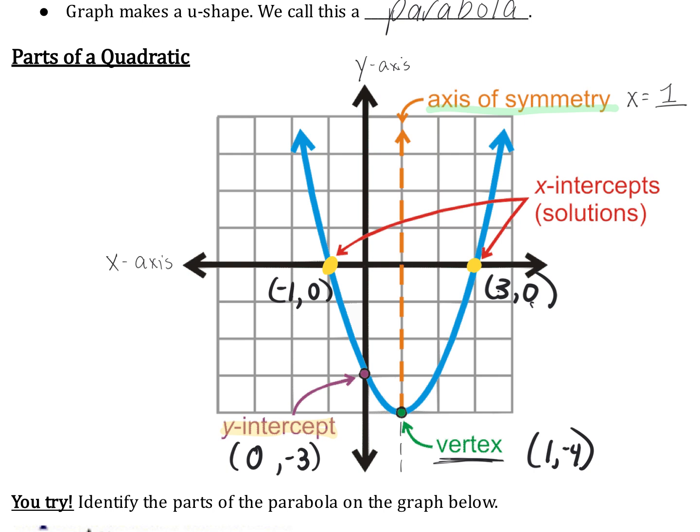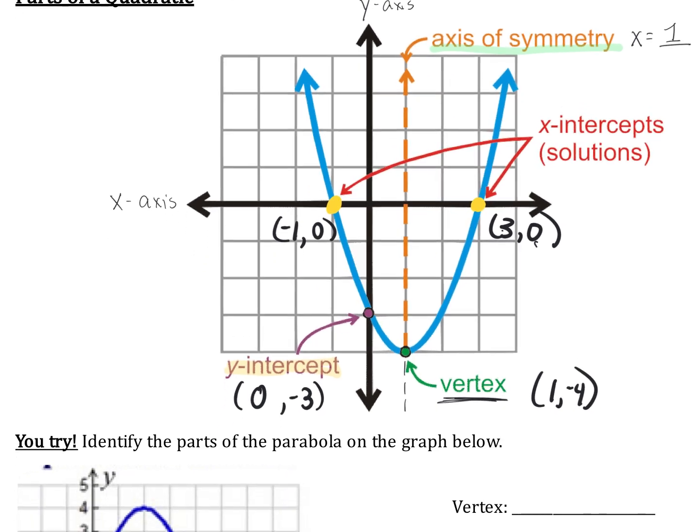Where does it cross? Y-intercept: where does this cross the y-axis? Vertex tells me the very top or the very bottom of the parabola. And the axis of symmetry cuts the parabola in half and crosses through the vertex.